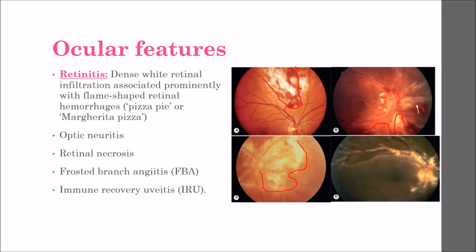Optic neuritis may result from direct spread or from primary involvement. Retinal necrosis is evident in areas where active inflammation has settled, leaving irregular pigmentation, atrophy, and holes, frequently leading to retinal detachment, a major cause of visual morbidity in up to 51% of cases.